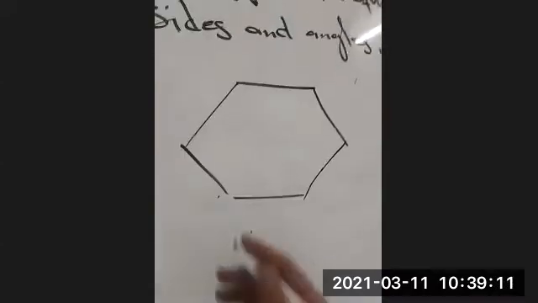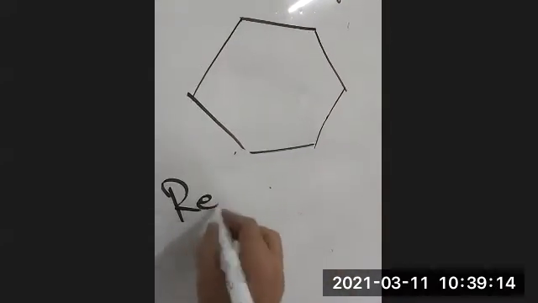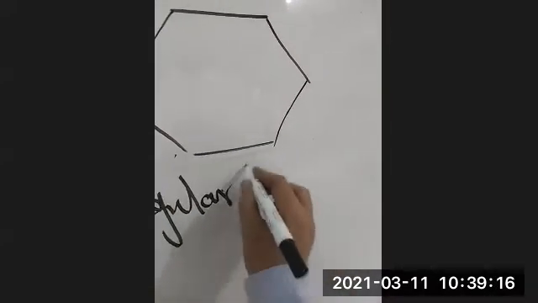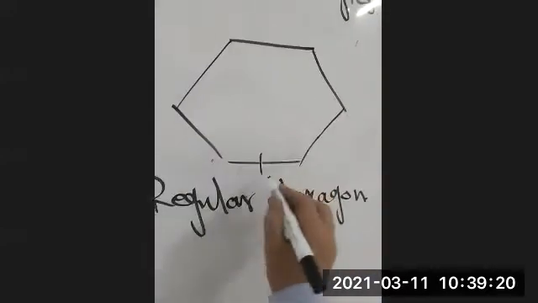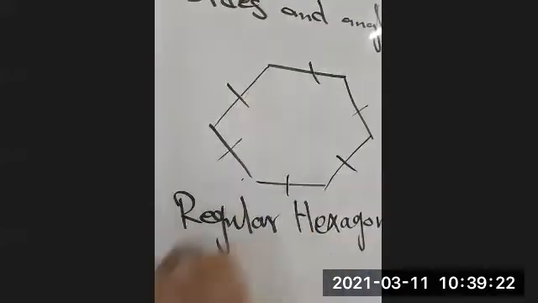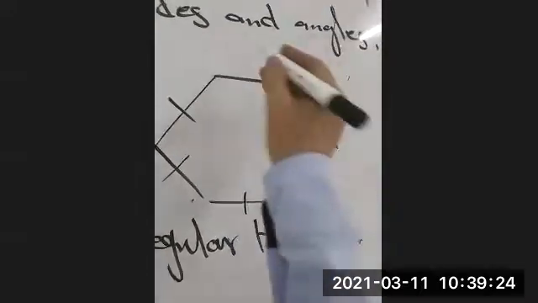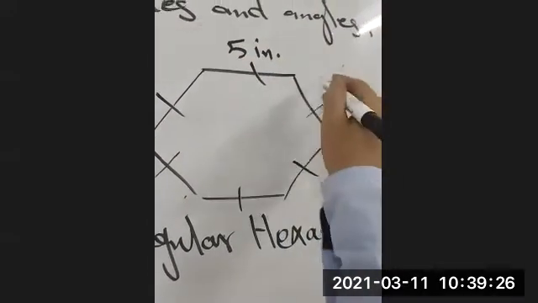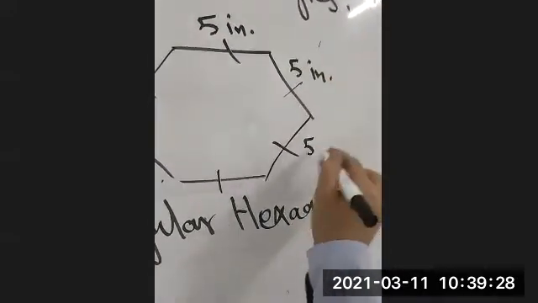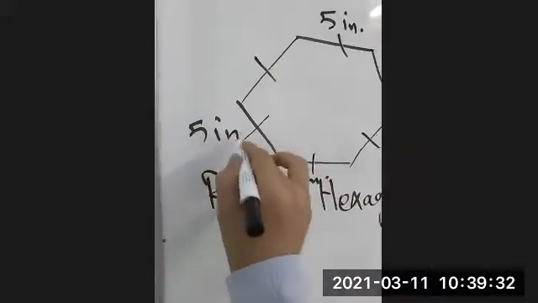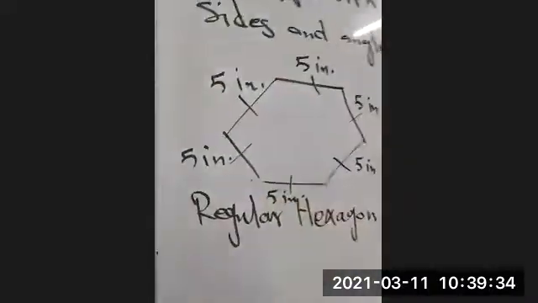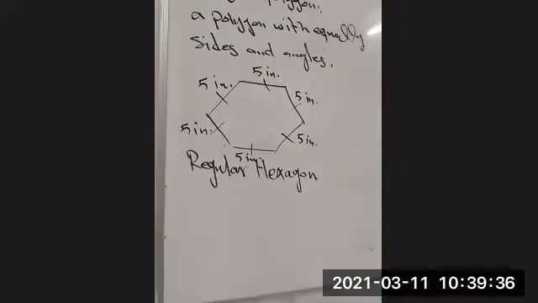If I have a regular hexagon, it means all the sides have the same length. If one side is 5 inches, then the whole side should be 5 inches. All of them. This we call a regular polygon, hexagon.